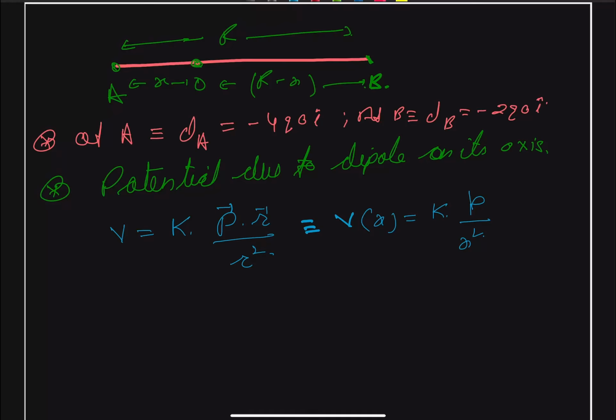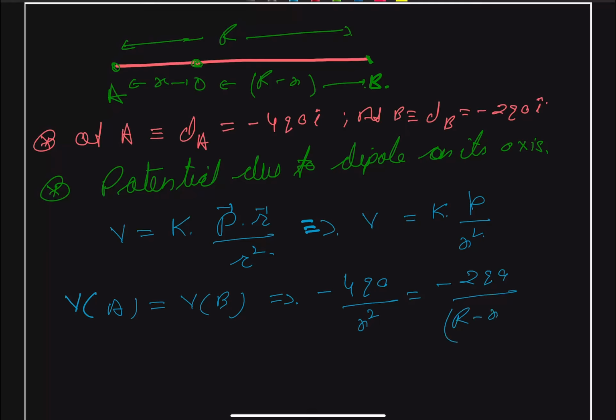So let me keep this as V only, it will create confusion otherwise. So V because of A is equal to V because of B. So we get minus V 4QA divided by distance x square is equal to minus 2QA divided by R minus x whole square.